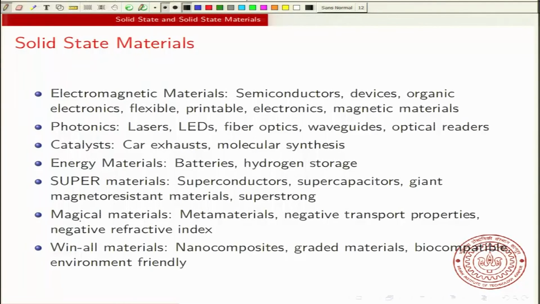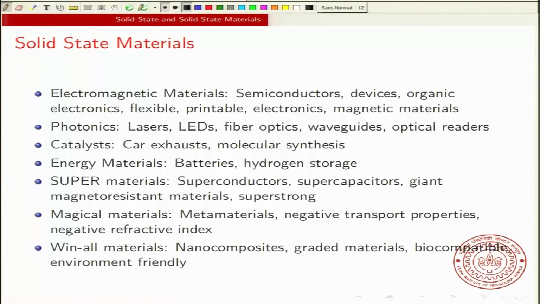Then there are these almost magical materials. Again, these are solid state materials. Just to give an example, there is this whole class of materials called metamaterials, which have negative transport properties. For example, they can have a negative temperature coefficient of resistance, or they can have a negative refractive index.